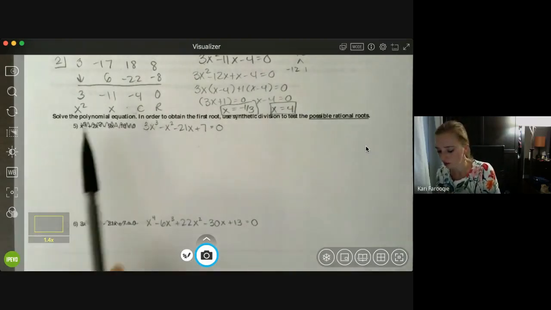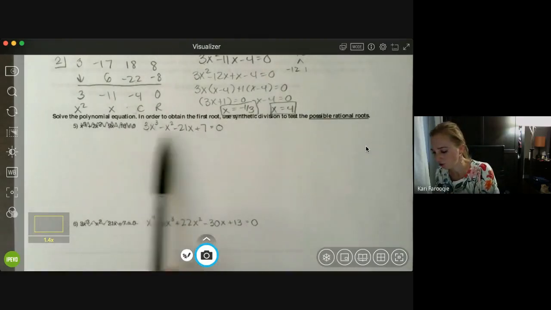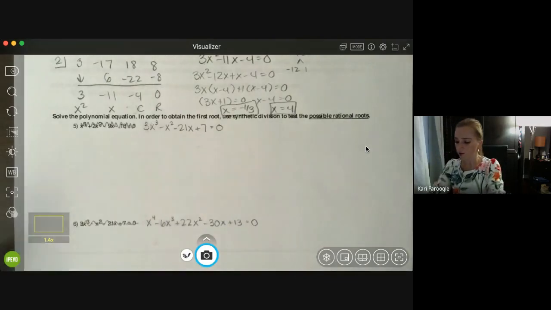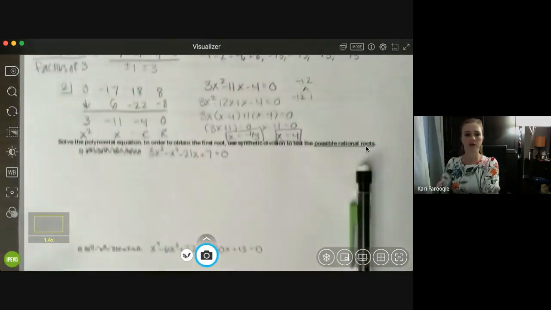Okay, I was just thinking, looking at number 5, that we actually could have solved this another way using factor by grouping, but that's okay. We'll do it this way because we need to practice it anyway.